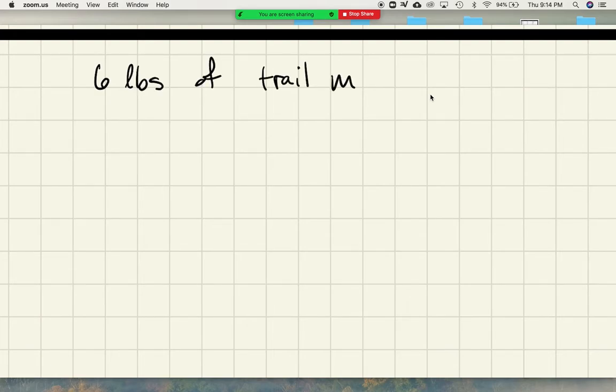So I'm going to ignore the rest of the information for now. There's 6 pounds of trail mix, and I'm going to assume that the trail mix is just almonds and raisins. So if you had 1 for almonds, that means 5 for raisins, right?